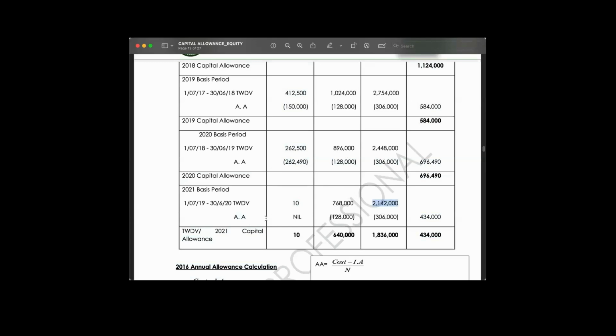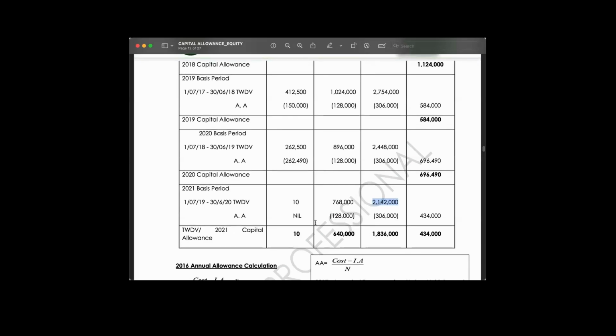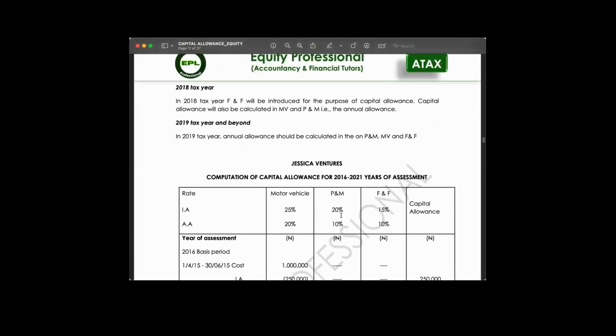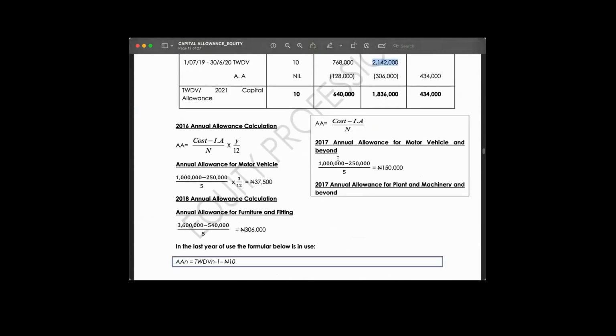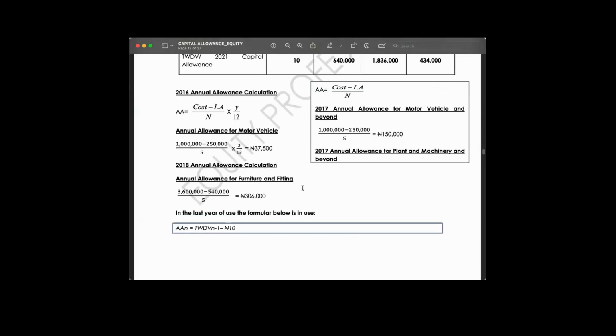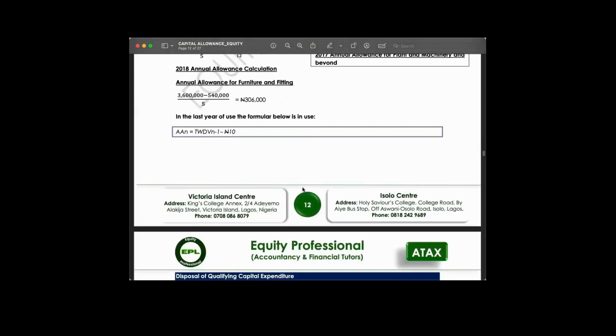The same thing goes for this. Your annual allowance is 128,000 and 306,000. You continue to calculate it, but in this question the examiner says we should calculate to 2021. That was why we are stopping here in 2021. So you can look at the formula computation in the question.